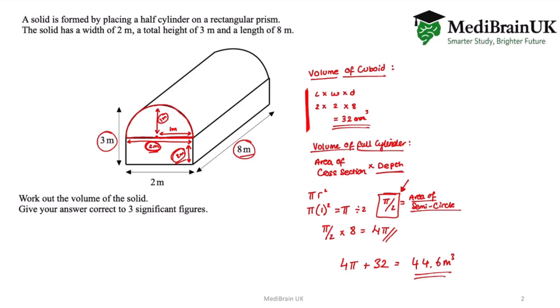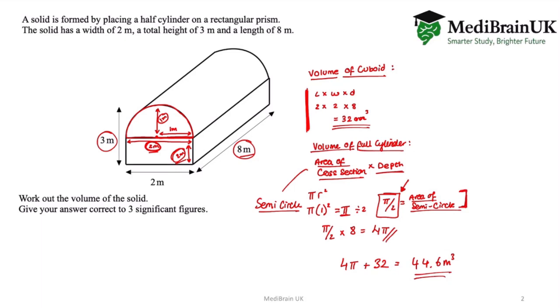Once we worked out the volume of the cuboid, we then worked out the volume of this cylinder. We follow our normal formula, area of the cross section multiplied by the depth. The cross section, as you can see, is a semicircle. So we work out the area of the semicircle first by working out the area of the full circle, which is just pi, and then because a semicircle is half of the full circle, we just divide it by 2. So we divided by 2 to get pi over 2, and that's the area of the semicircle.